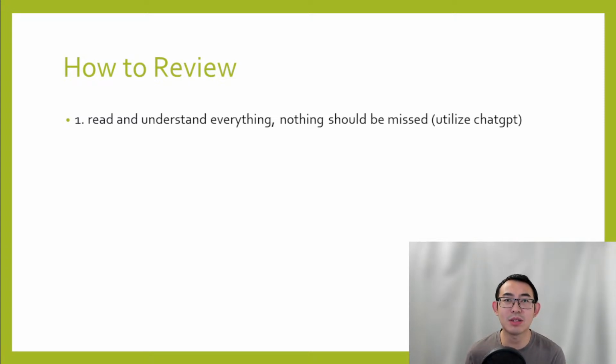Now, if there is a concept that you don't understand, and you don't really get what it is talking about, you can copy and paste it and ask ChatGPT, hey, can you elaborate on it for me? I made a video on how to use ChatGPT to study for USMLE. And this is the biggest one. I wish I had ChatGPT before, because it would save me a lot of time understanding concepts. So you can use that, and make sure you read and understand everything, every single sentence, every table, and all of them.